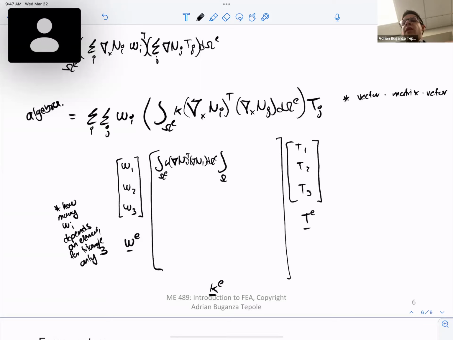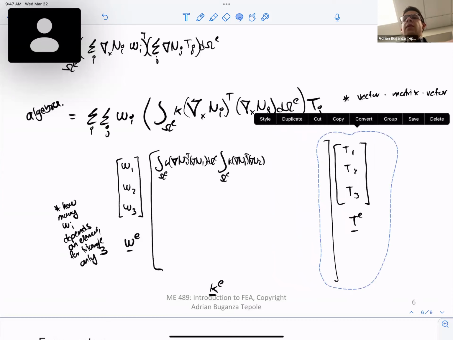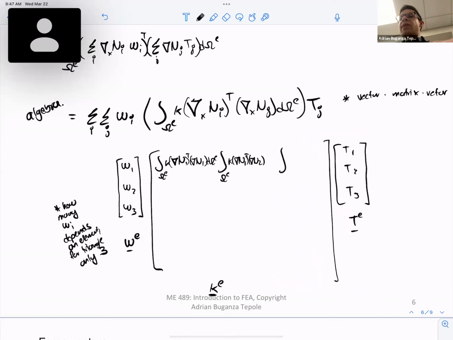The second entry is going to be the gradient of shape function 1 times the gradient of shape function 2. I'm running out of space. Then the third one is the gradient of shape function 1 with the gradient of shape function 3.